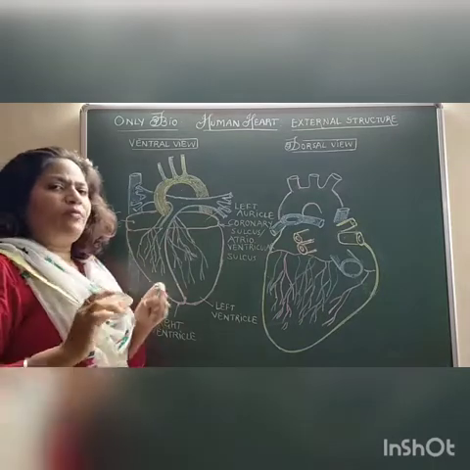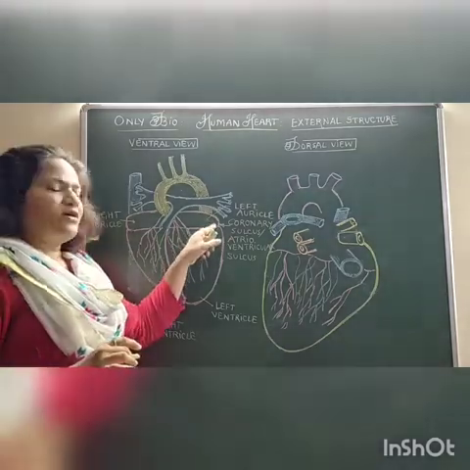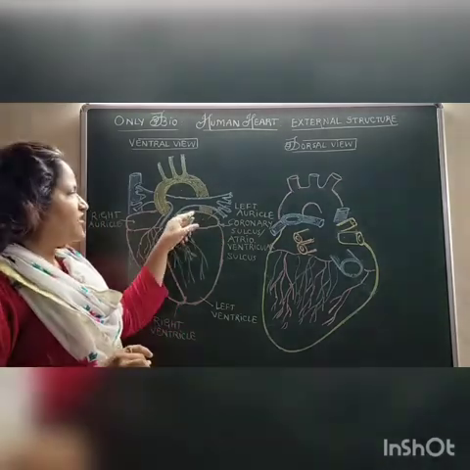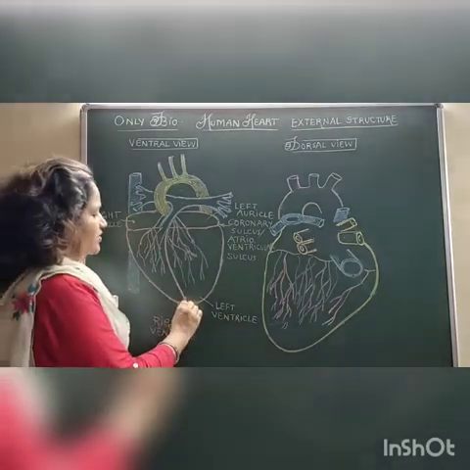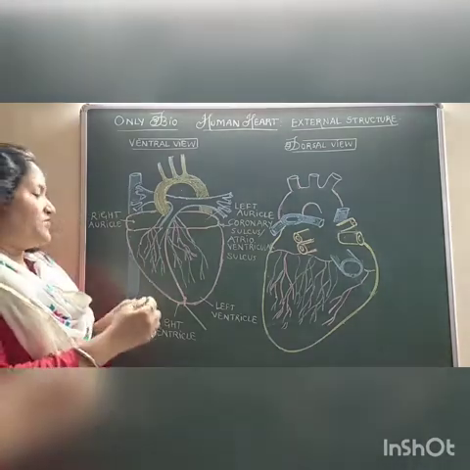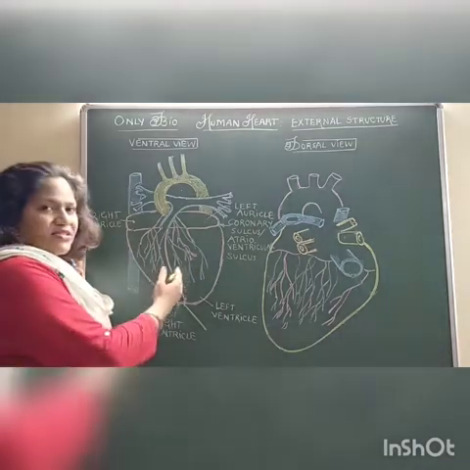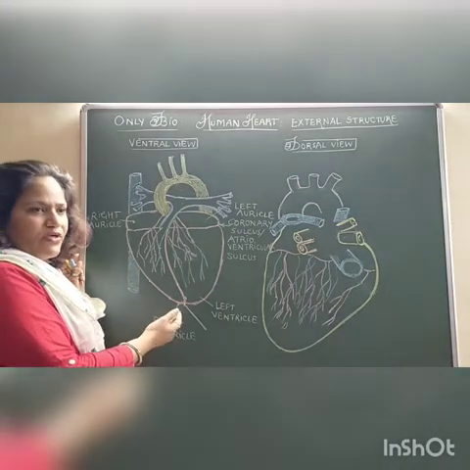Now there are two prominent things that are externally visible. One is the coronary sulcus, a demarcation between the auricles and the ventricles, and the other important structure is this sulcus, a small depressed area that shows the demarcation between the left and the right ventricle.